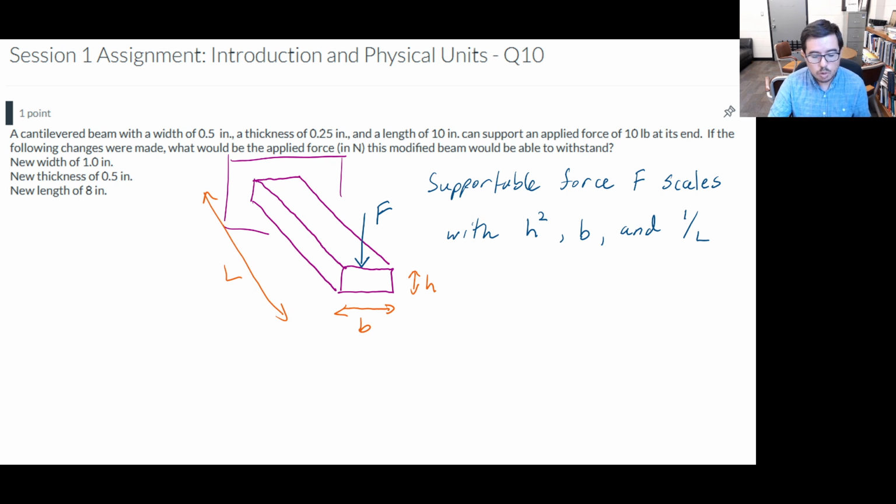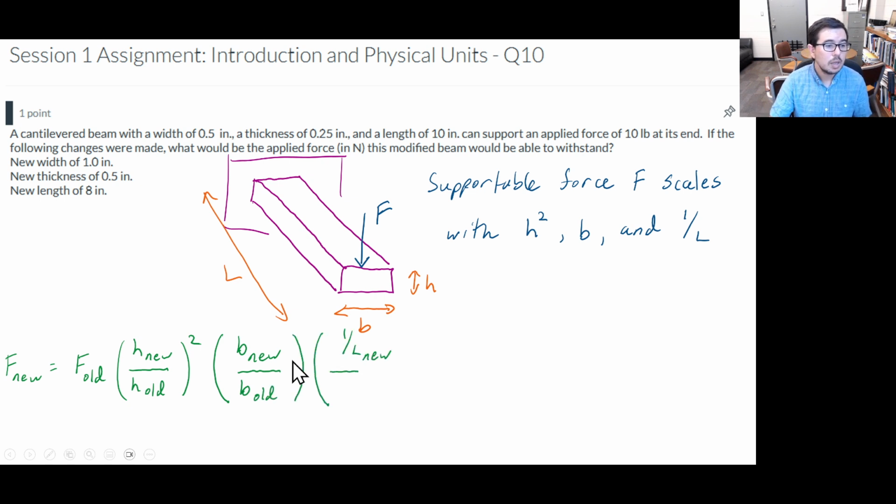Okay? So now we write out our algebraic equation describing these ratios. We have our old force times the ratio of the thicknesses squared times the ratio of the widths times the ratio of the inverse lengths, okay, as you see here.